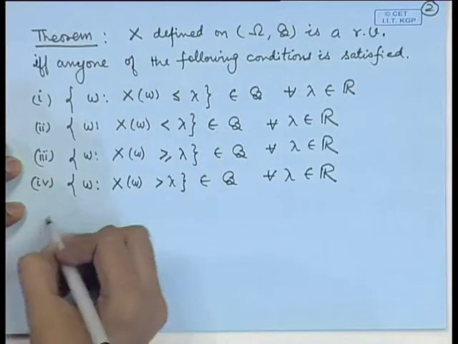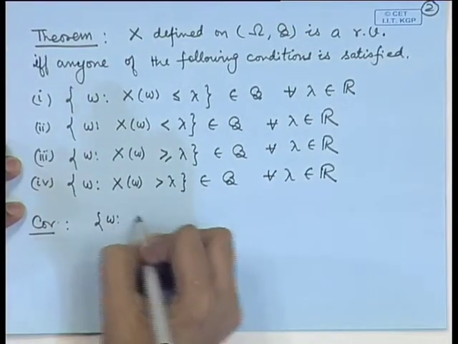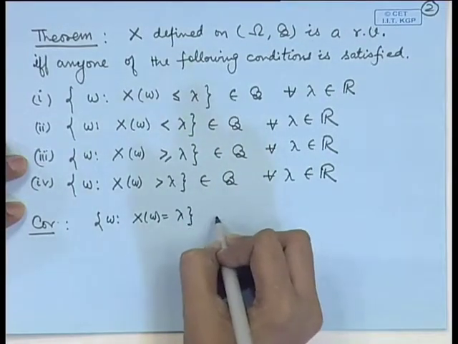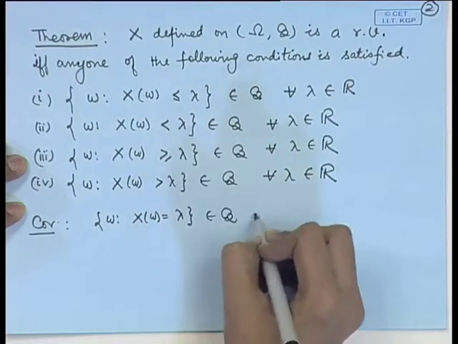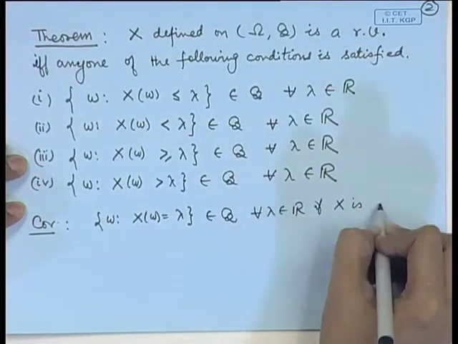As a corollary to this, the set of all those omegas such that X omega is equal to lambda belongs to B, for all lambda belonging to R, if X is a random variable.